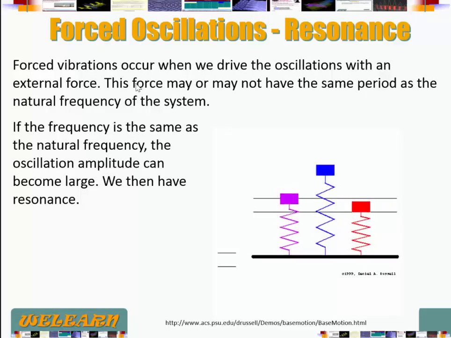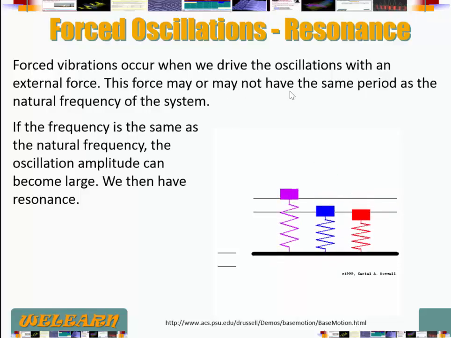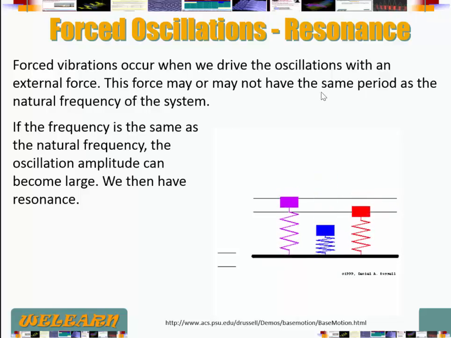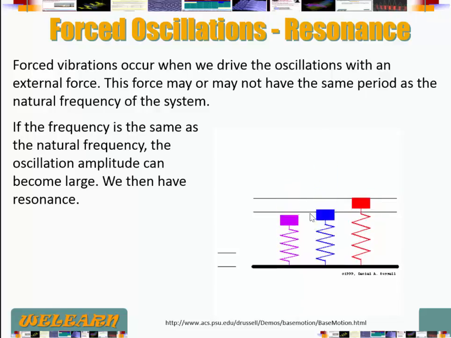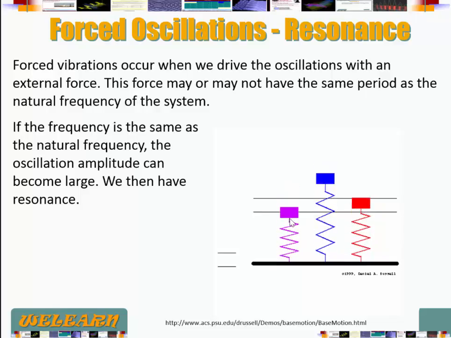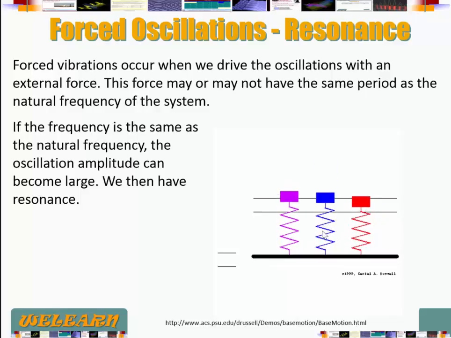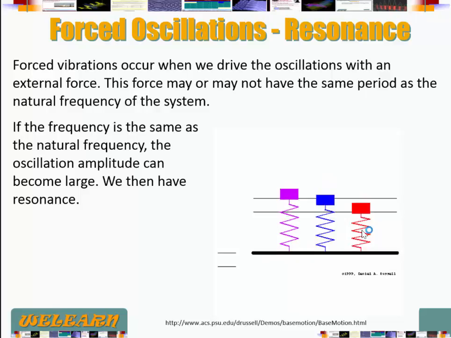Now, the force may or may not have the same period as the natural frequency of the spring mass system, or the system in general. For example, here we have 3 different spring mass frequencies.